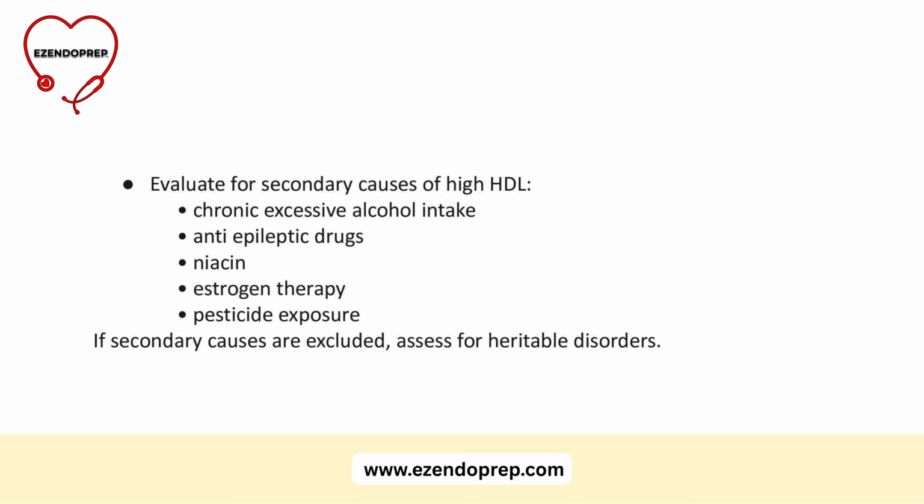Now, on the opposite end of the spectrum, HDL concentrations above the 90th percentile are most often secondary rather than genetic. Common secondary causes include chronic excessive alcohol consumption, anti-epileptic drug use, pharmacologic niacin, estrogen therapy, and pesticide exposure.